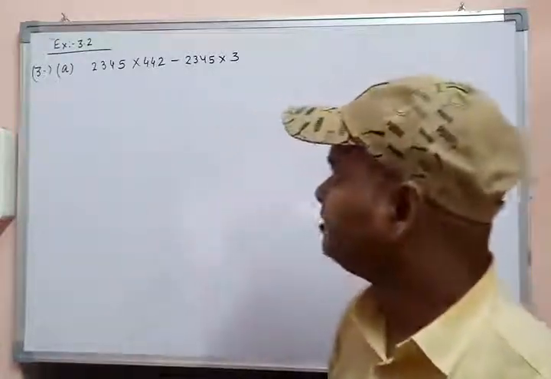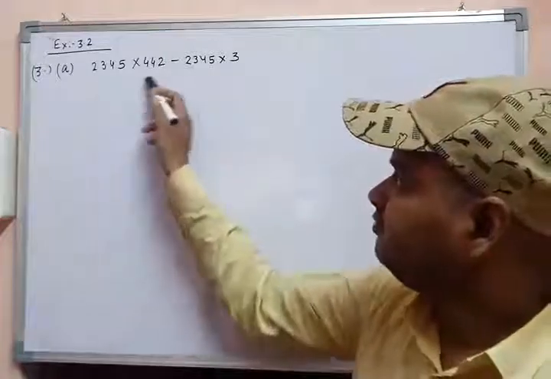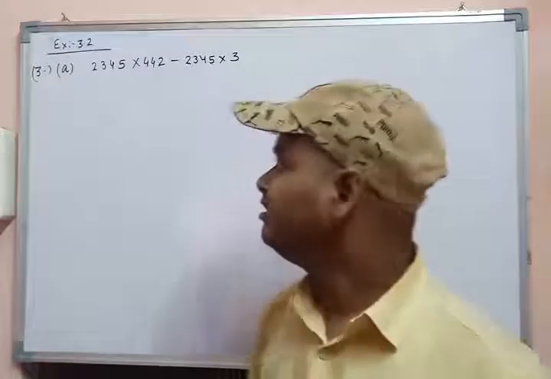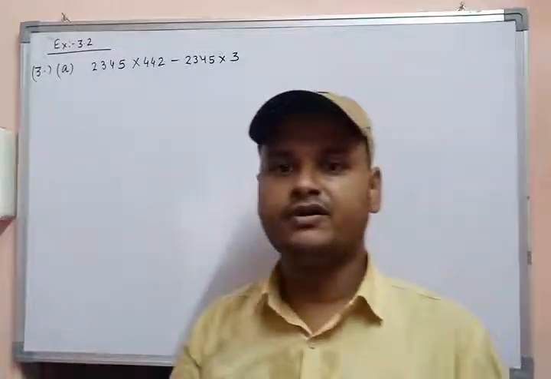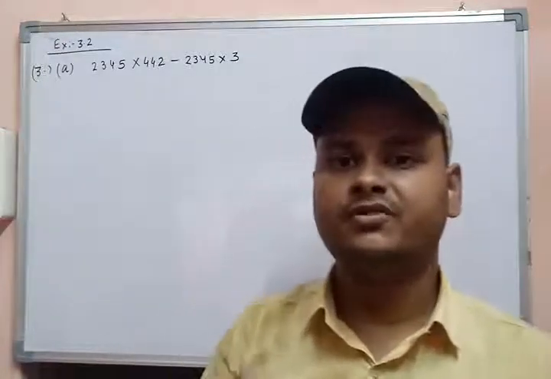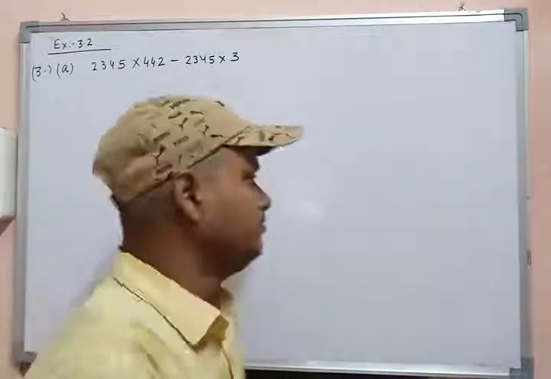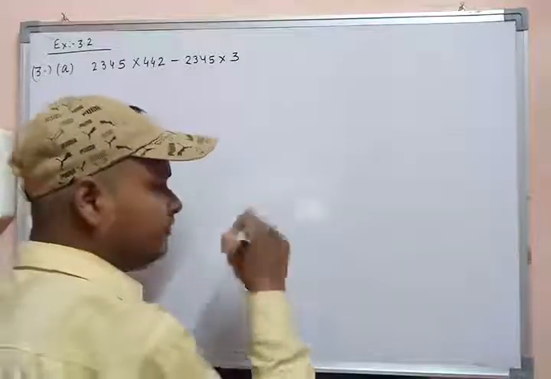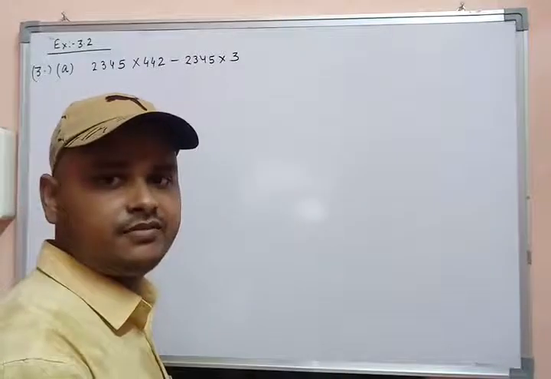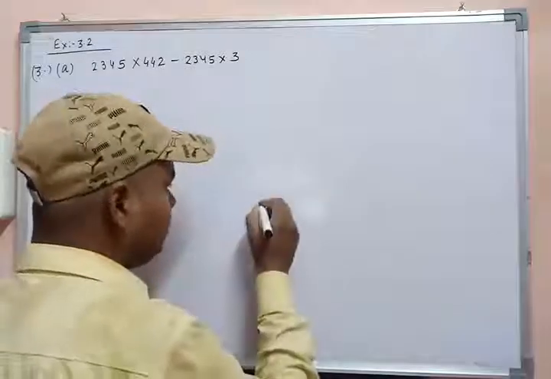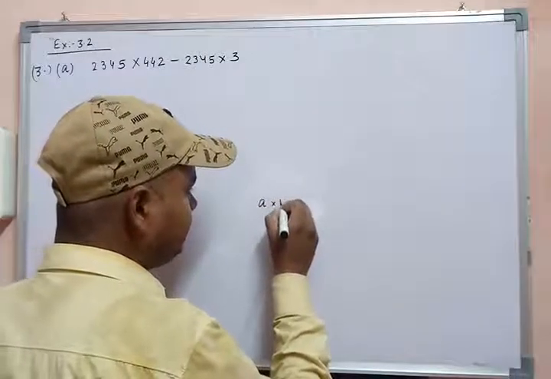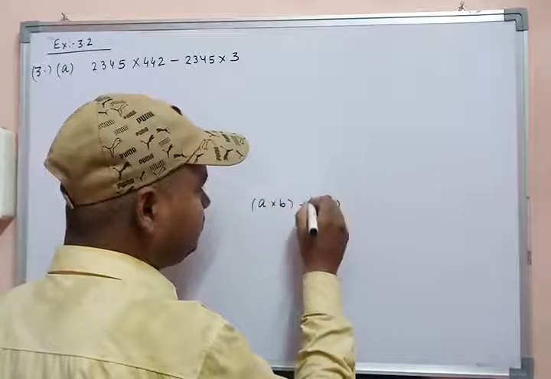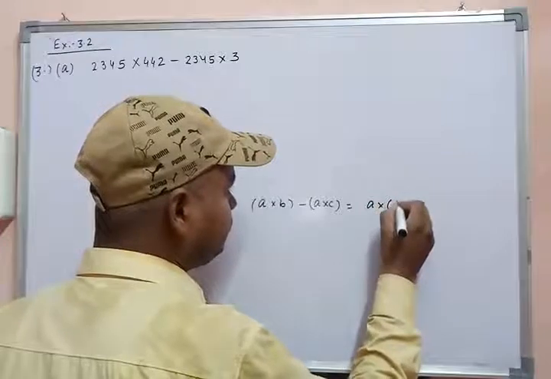Okay, so first of all, look here at the question. This question belongs to the distributive property of multiplication over subtraction, because I have discussed in the previous video what the distributive property of multiplication over subtraction is: a into b minus a into c is equal to a into (b minus c).